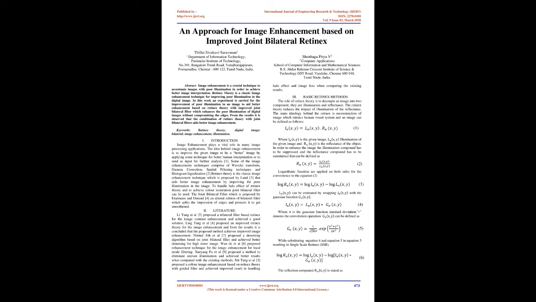3. Basic Retinex methods. The role of Retinex theory is to decouple an image into two components: illumination and reflectance. The Retinex theory reduces the impact of illumination on the reflectance.